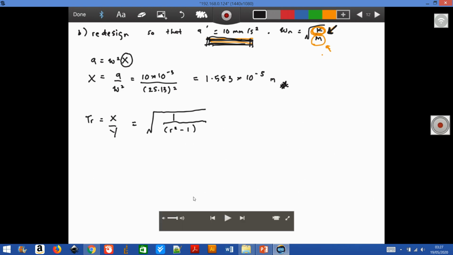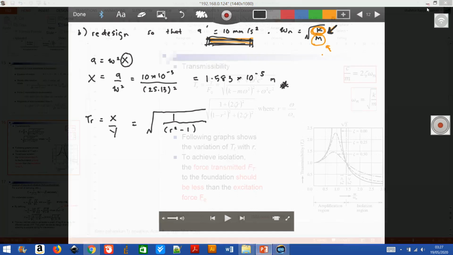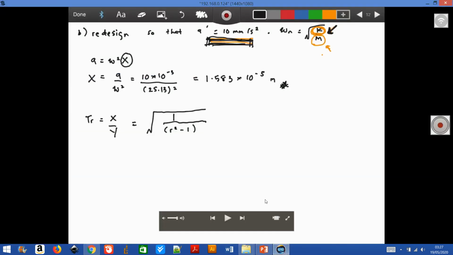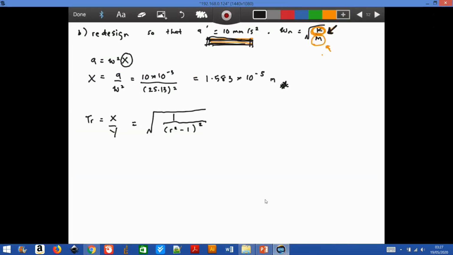I am using this equation because we don't have any value of zeta, therefore this is equal to 0 because there is no damping. So we are left with square root of 1 over 1 minus r squared to the power of 2.